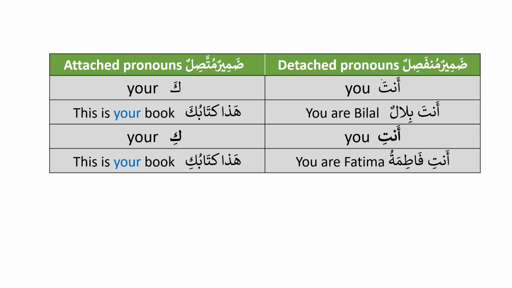Fatha is for the second person masculine singular, and kasra is also used for the second person, but for the feminine singular. In English we only have you, but in Arabic we have anta and anti, so the meaning will be the same, you.